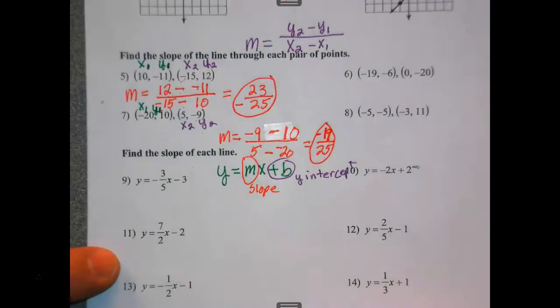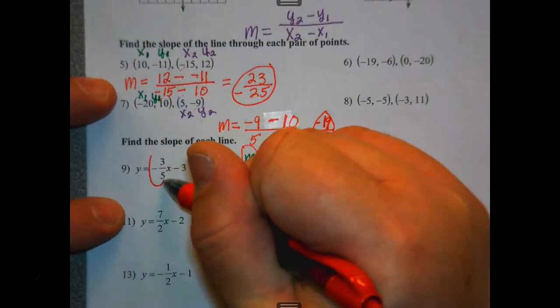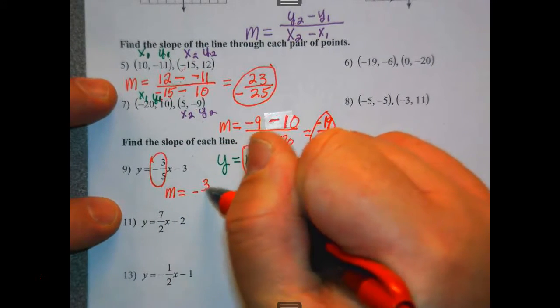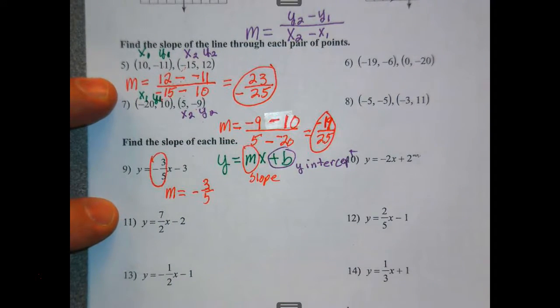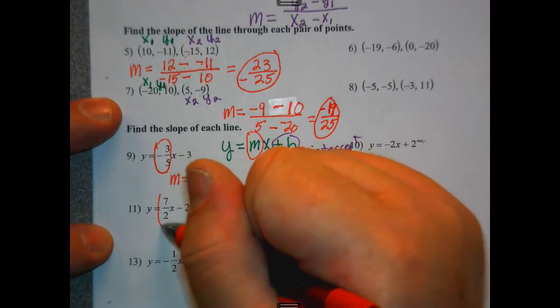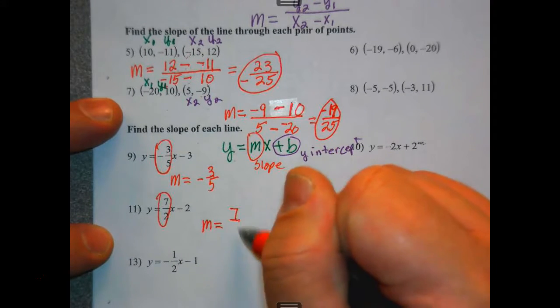Our problems are already in slope-intercept form. They want us to tell you what the slope is. This is really easy. It's the coefficient of x. So my slope is negative 3/5. That's it. That's all you have to do. Coefficient of x. My slope is 7/2.